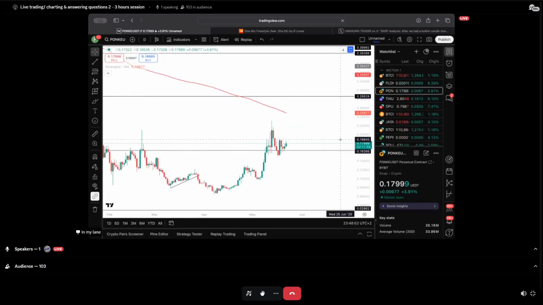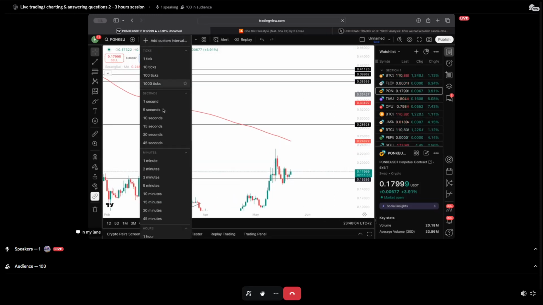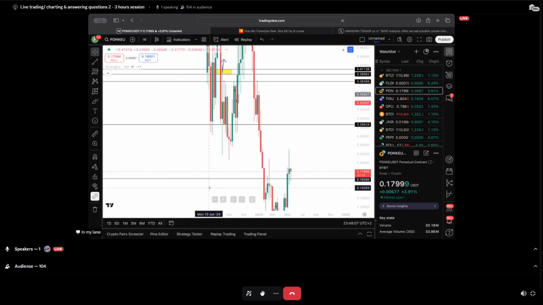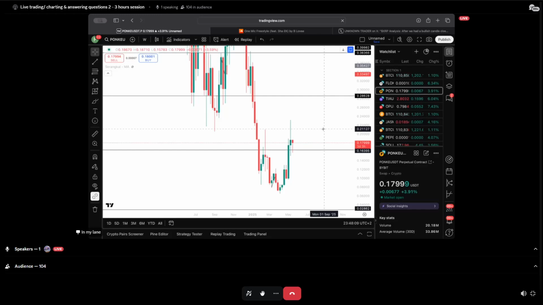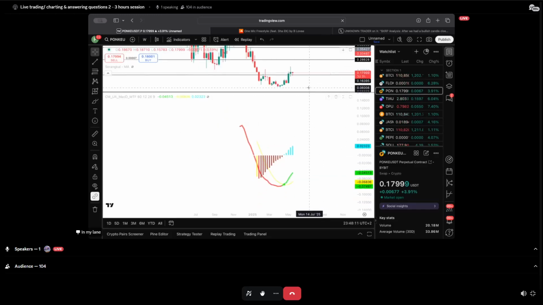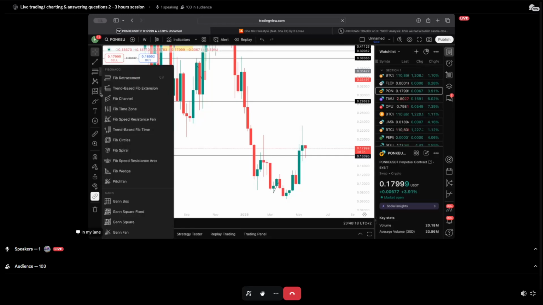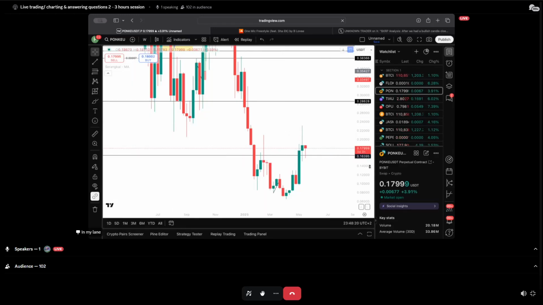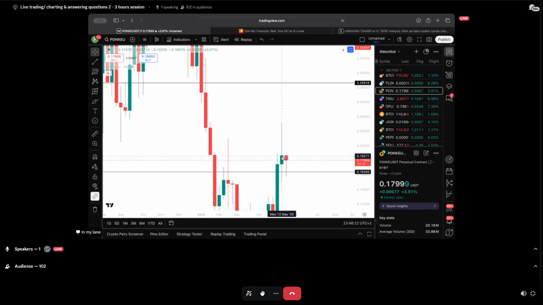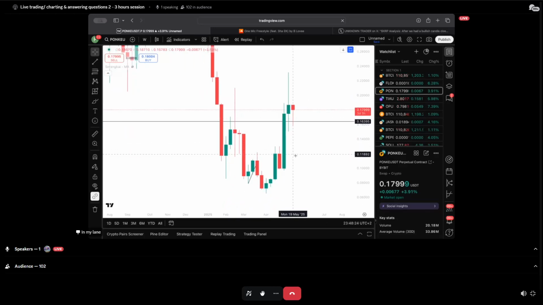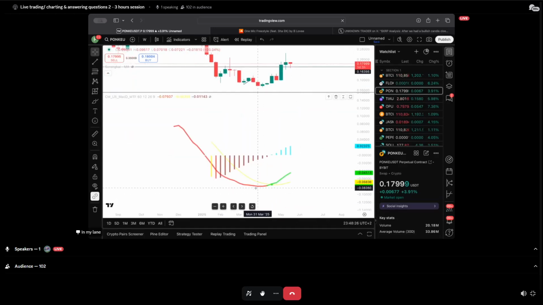This one looks good. That's what I've been saying before about these kind of coins. So close above support, you see here, close above retest, bullish MACD.